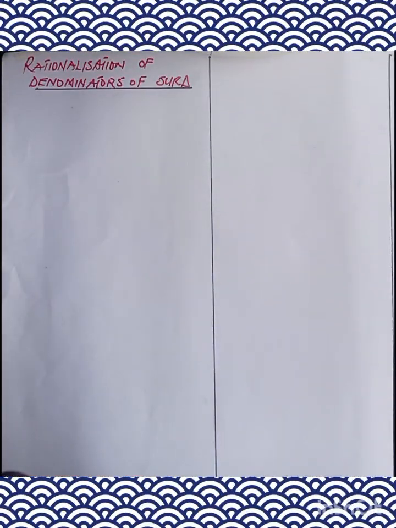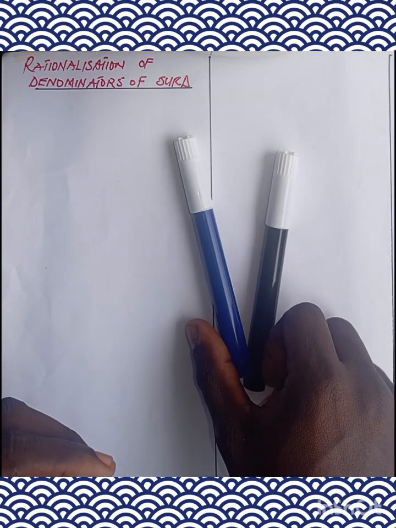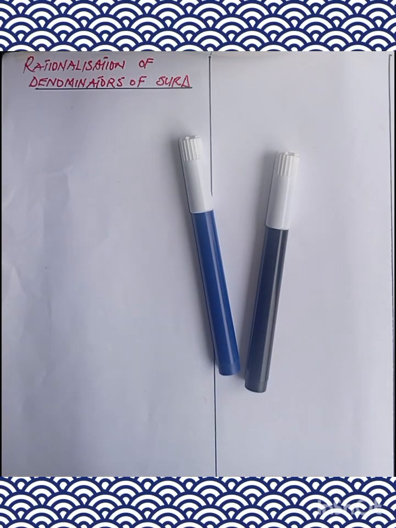My dear learners, today we are looking at rationalization of denominators of a set, and we are looking at the type 2 questions under rationalization of denominators of a set.